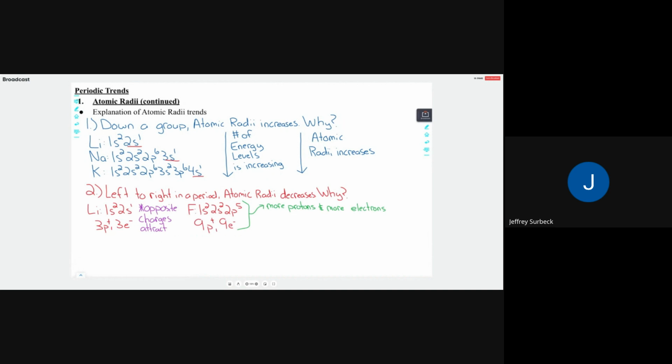Well, here's this. With more protons, you are going to have a more attractive force. As a result, it's going to cause the electrons to be pulled even closer.